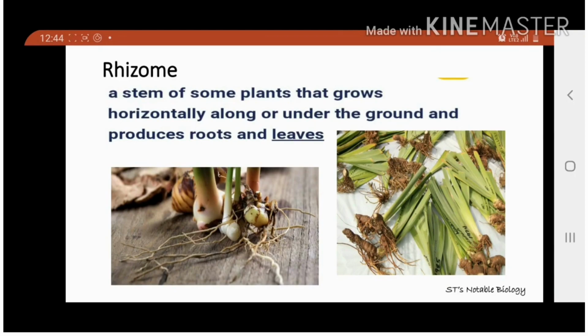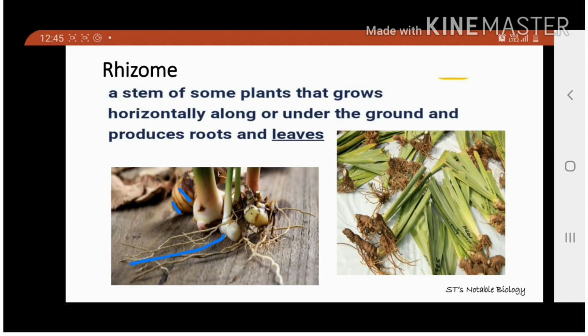Let's talk about the vegetative propagules of angiosperms. First, rhizome: a stem of some plants that grows horizontally along or under the ground and produces roots and leaves. Rhizome is a modified stem that grows horizontally, and distinct nodes and internodes are present, and there is an apical bud at the axillary region.